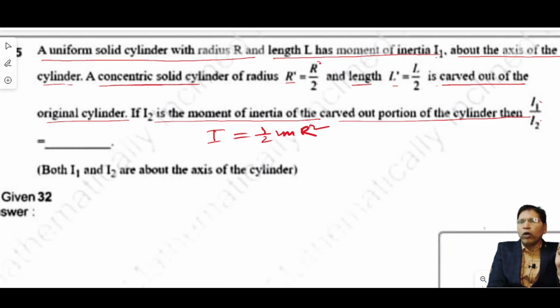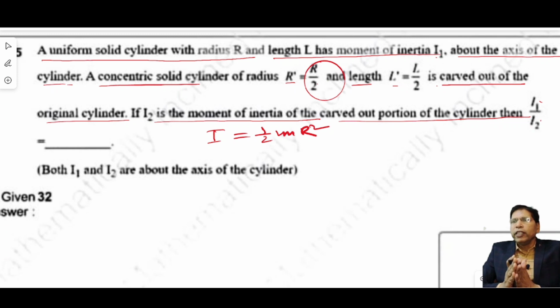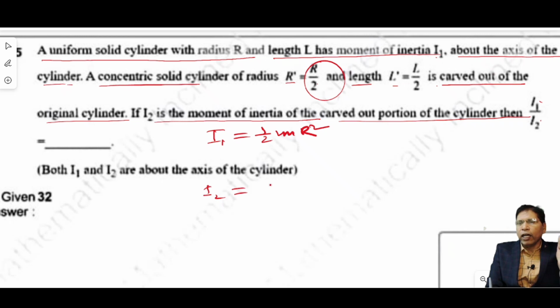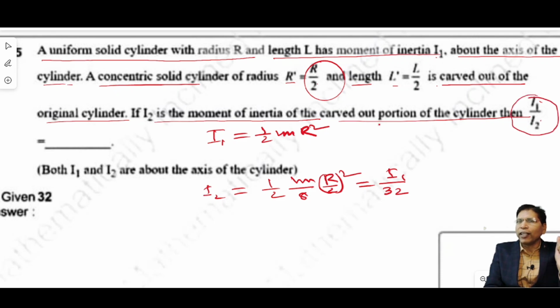When the radius of the carved out cylinder is R by 2, its mass becomes 1/4. Its length becomes L by 2, so mass becomes 1 by 8. So I2 is half into M by 8 into R by 2 whole square, which is I1 divided by 32. So I1 by I2 is obviously 32.